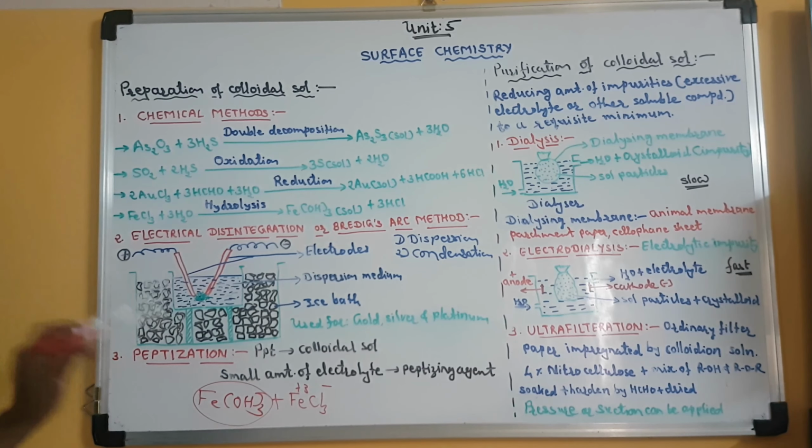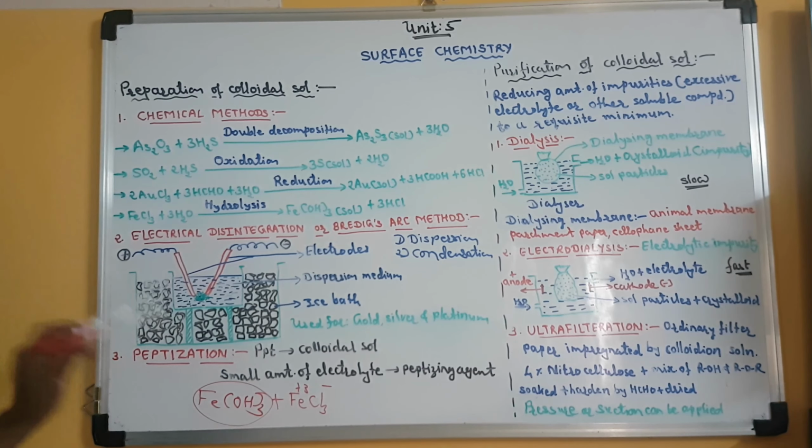Now once the colloid is prepared, once the sol is prepared, it is again necessary to purify it. Why should we purify the colloidal sol? Because in this technique we have seen that electrolyte is added to the freshly prepared precipitates. Sometimes these electrolytes are present in excessive amount.